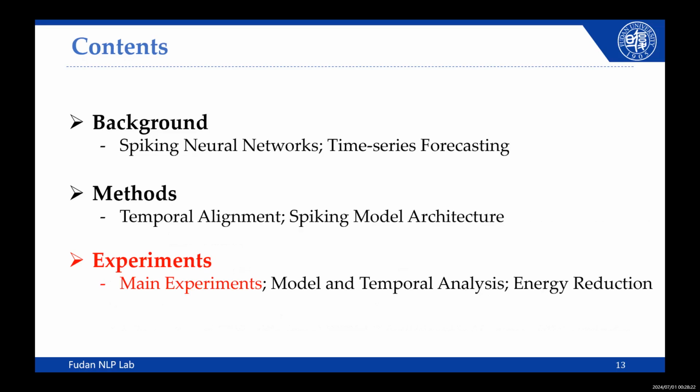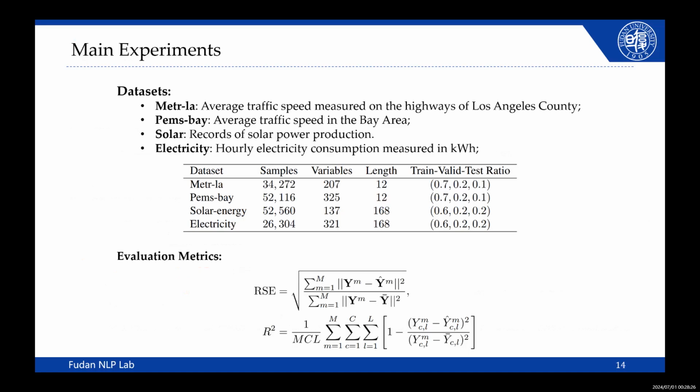Finally, I will show our experiment results in this part. For main experiments, we choose 4 classic real-world multivariate time series benchmarks, 2 about traffic, 1 about solar energy, and 1 about electricity. The table shown in the slides is about the features of these data sets.